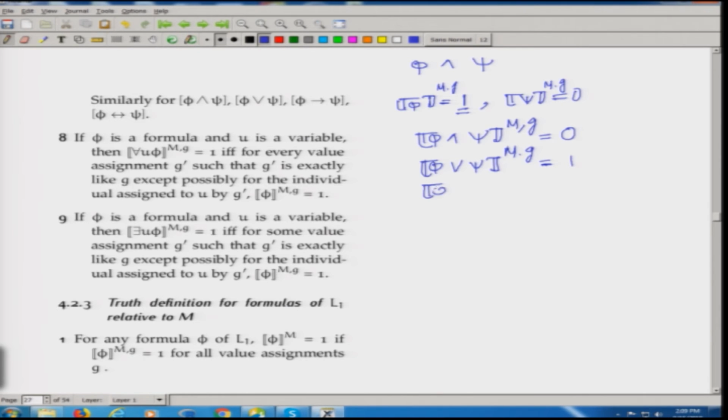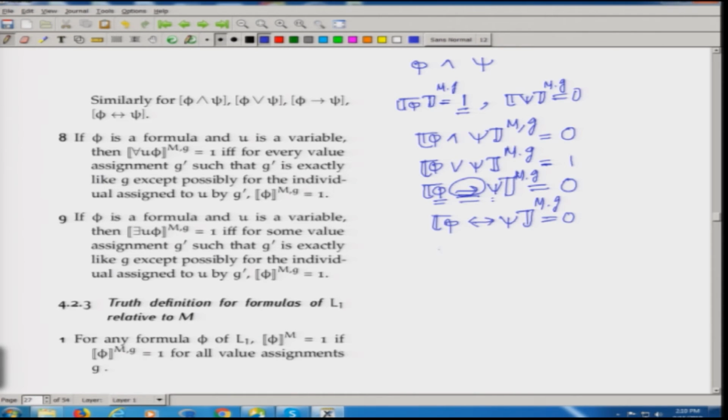What about phi implies xi? 1 0 always gives 0 when it comes to this sign. It is because 1 0 means this is happening while this is not happening. That means this is not possible. The if-then relation does not hold between two such things. Therefore, this is 0. And then finally we have both-side implication or equivalence, which means nothing but it will be 0.